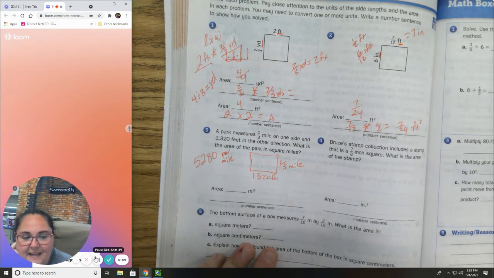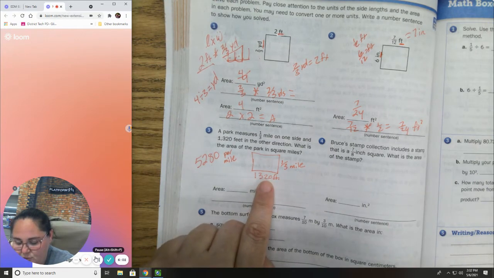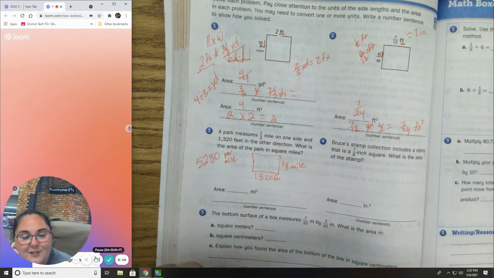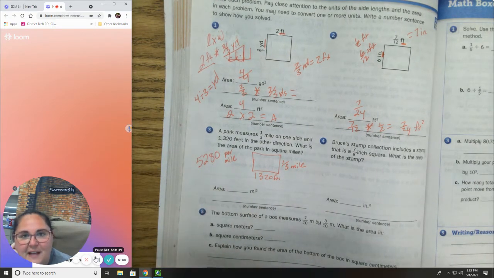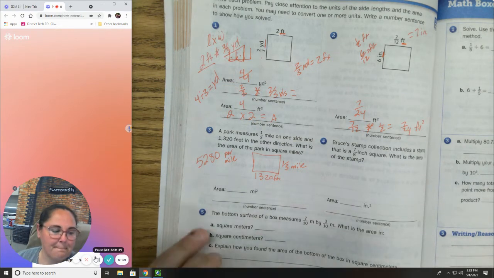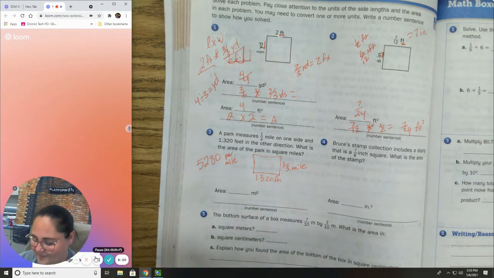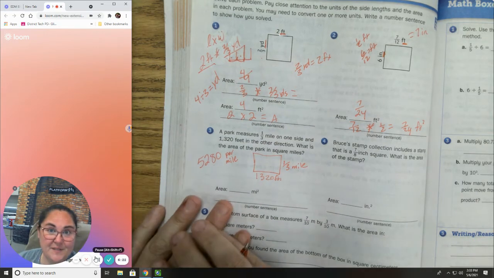So, how many times does 1,320 go into 5,280? What do you think? Well, it goes in there 4 times.